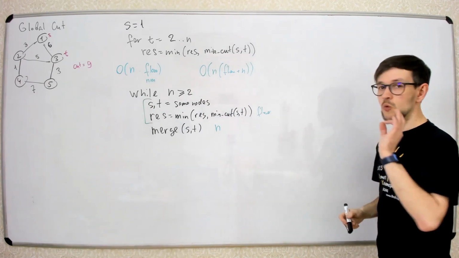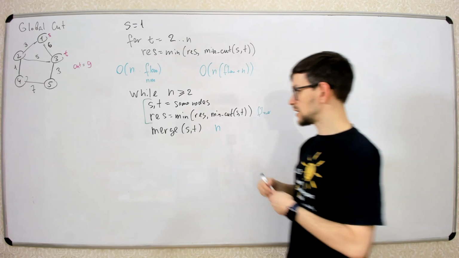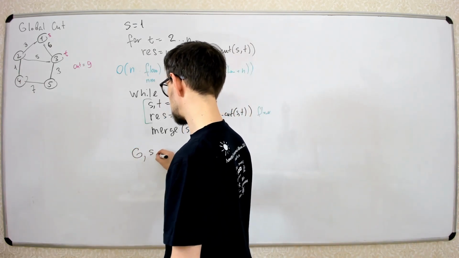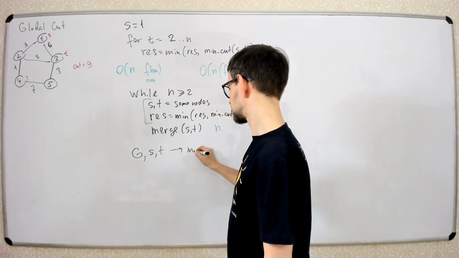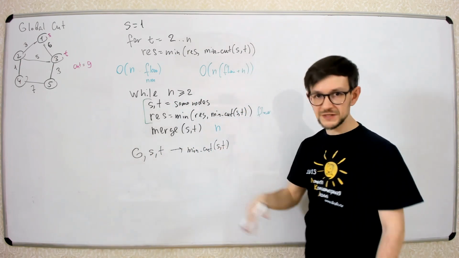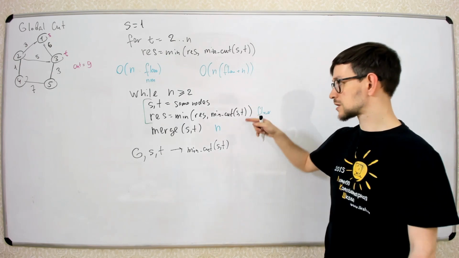Once again, what's happening in this minimal cut subroutine? We take some graph G and some nodes S and T and receive the minimal cut. That's how the usual maximal flow algorithm works. But we want something different.